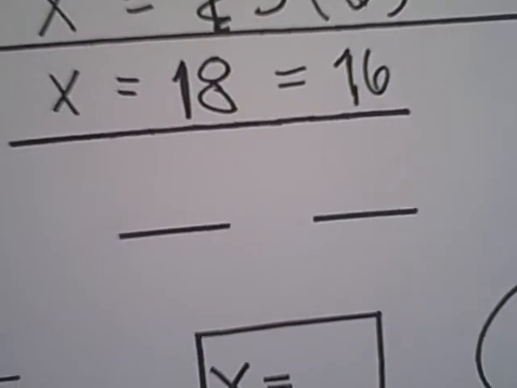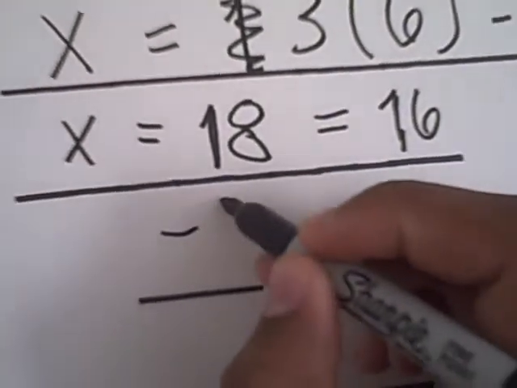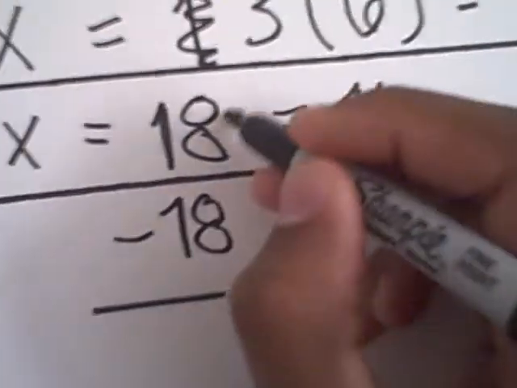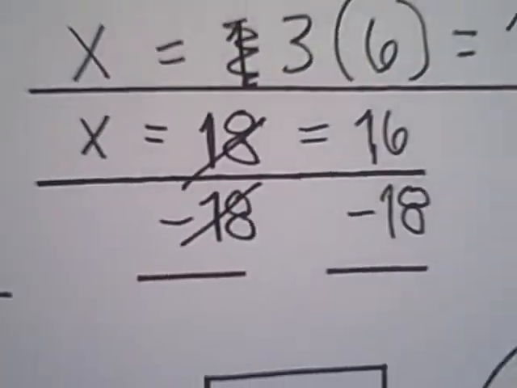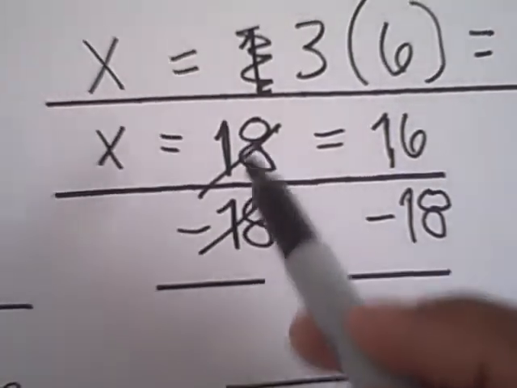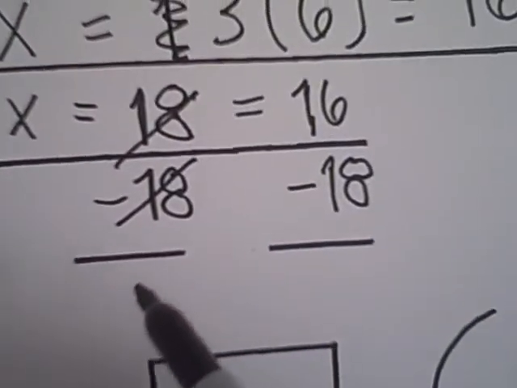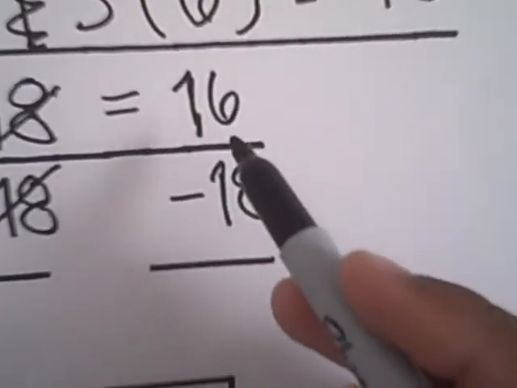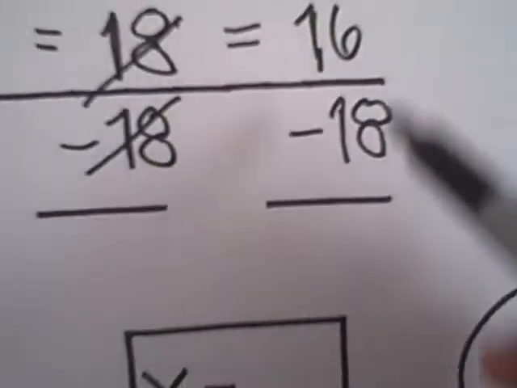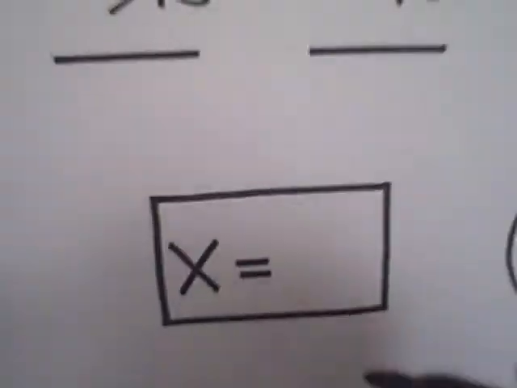Now we have to subtract 18 from both sides of that equation to figure out x. 18 minus 18 cancels out, which gives us 0. And 16 minus 18 leaves us with negative 2.